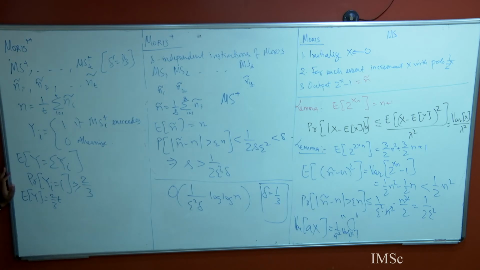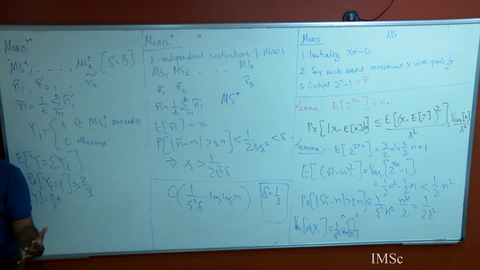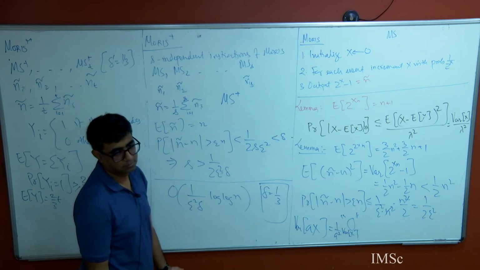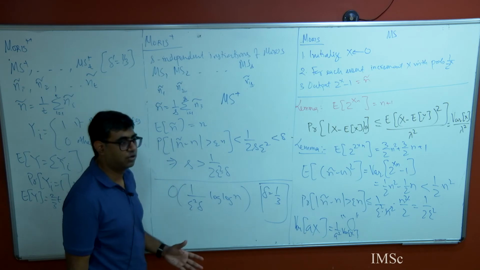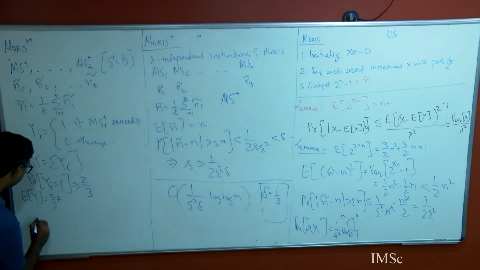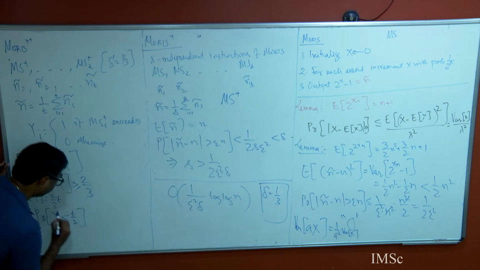But you tell me, why will this algorithm fail? This algorithm can fail only if more than half the time your estimators, these MS ones, have returned you a wrong answer. If more than half the time your median is correct, you are never going to return a wrong answer. So to return a wrong answer, at least half of them have given me a wrong one. So what is the probability that the random variable y is less than t/2?